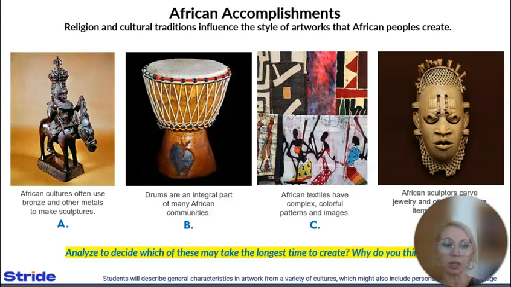As I said earlier, we are going to focus today on 5.11 because that's what your quiz is on Friday, and that covers the art of Africa. Let's look really quickly at a few of these African artworks. African culture often used bronze and other metals to make their sculptures.